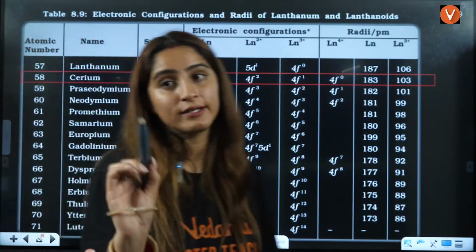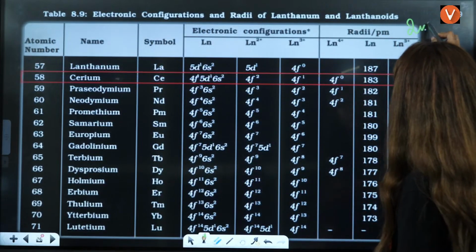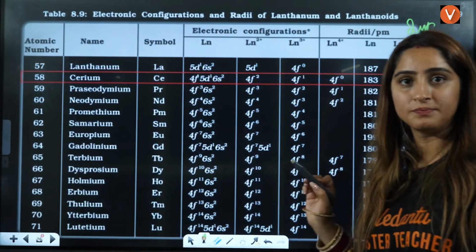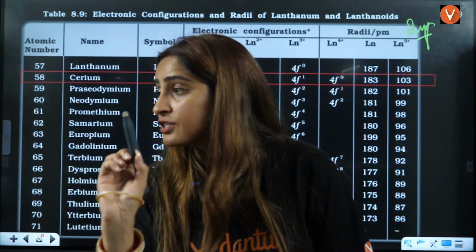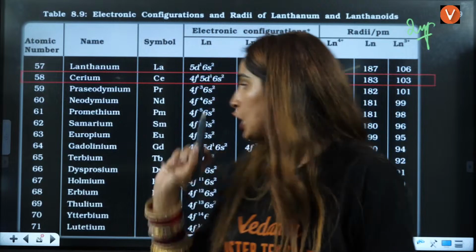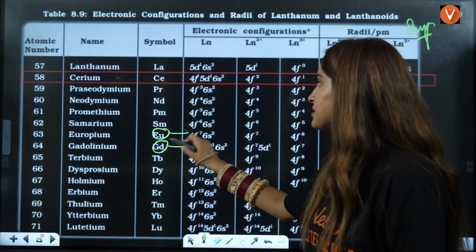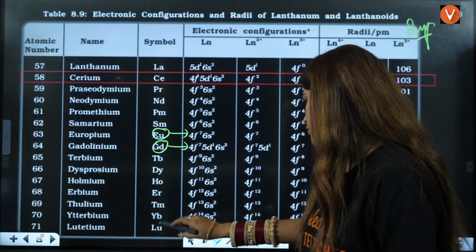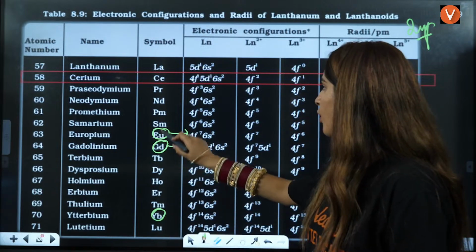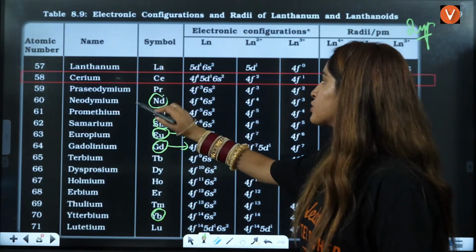So the answer is A. Now, very important thing for all the JEE aspirants out there, beta, this table should be by heart. Pick out all the shifts of attempt 1. You will see they have asked questions from this side, and from this side, and from this one also is very important. Samarium is also very important. Neodymium is also very important.